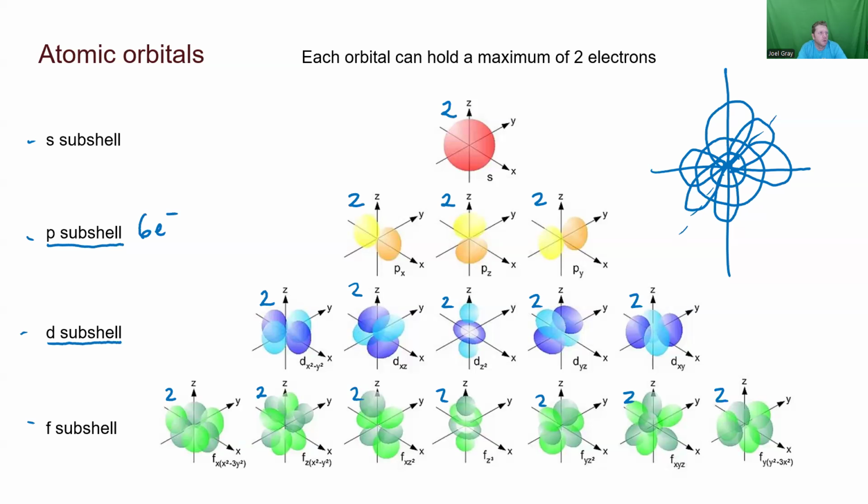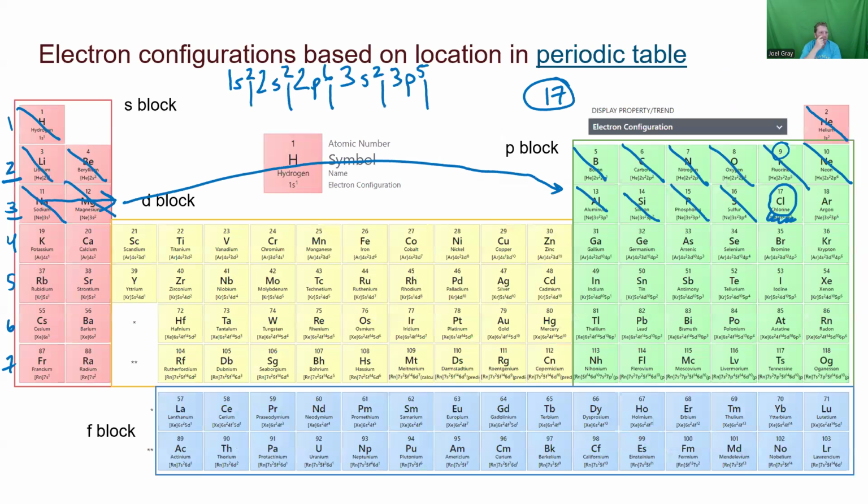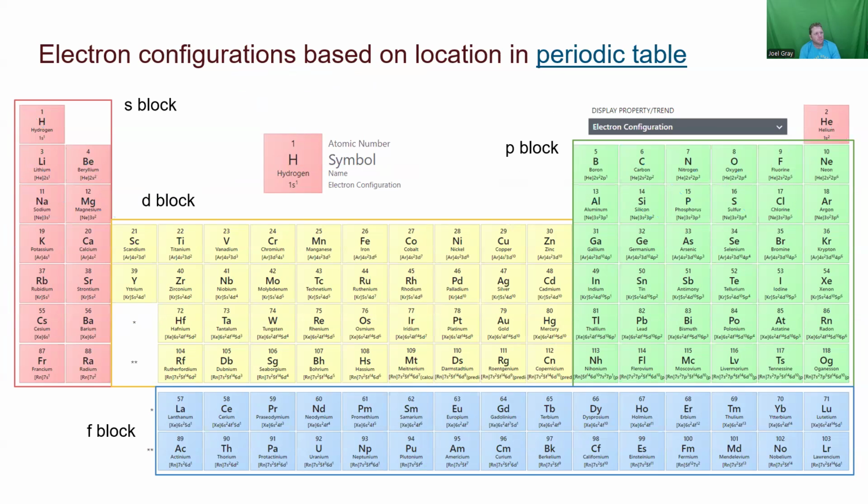So if I have an electron configuration of 1s2, 2s2, and 2p6, what element has that electron configuration? Type the symbol for that. Perfect.